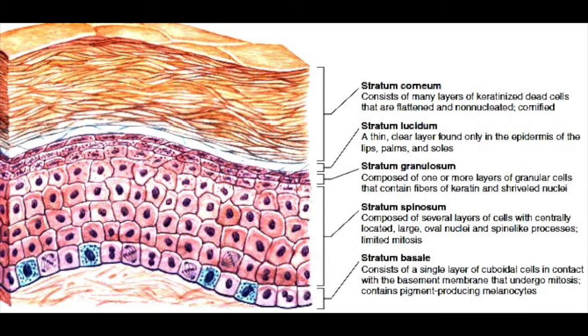When thinking about how to explain skin structure to people, I like to say it's a little bit like a brick wall. You have your bricks, which are your skin cells, and then you have your cement, which holds it all together.